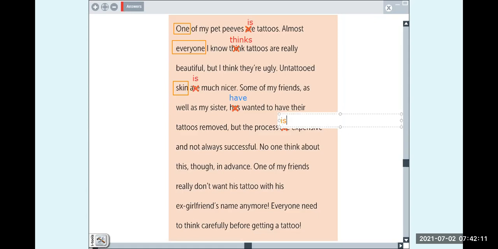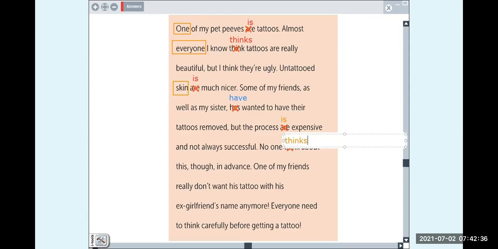Yes, we're talking about one process. Yes. What about the next part? No one think about this though in advance. Thinks. Sorry. Okay, why? Because it's an uncountable noun. Very good. Yes, of course.